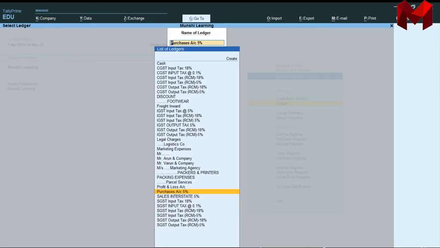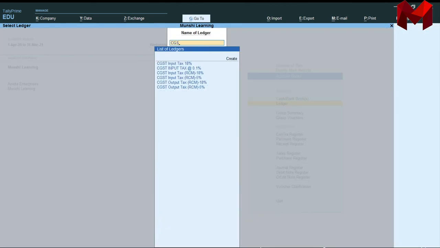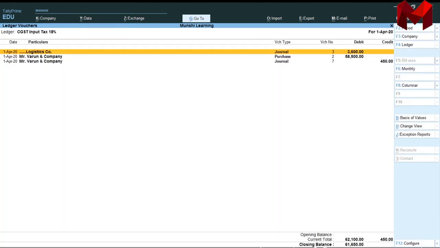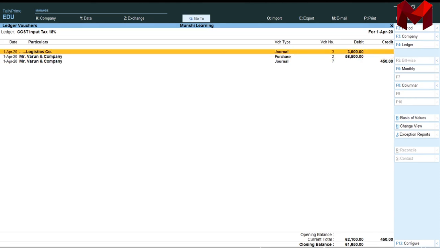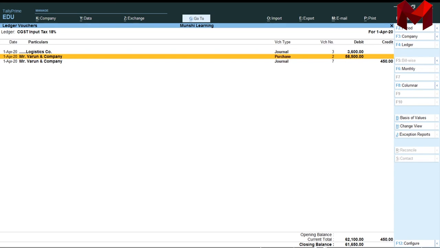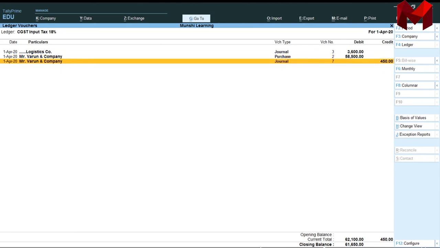And if we see the CGST input tax 18%, our input tax credit due to the earlier entries was 62,100 in total, these two amounts. But because of the debit note against purchases, since our purchases are reduced, our input tax credit is also reduced. So we need to reverse the amount by 450 rupees.